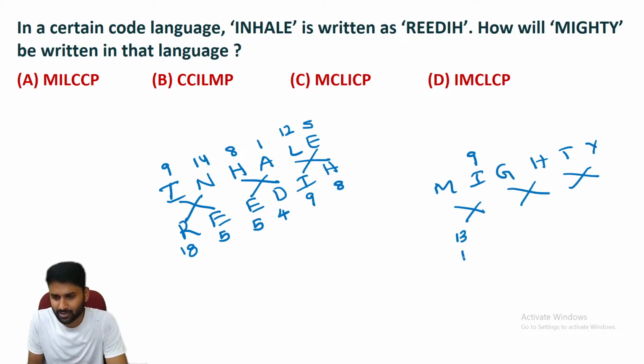The 13th letter is M. 13 minus 4, ninth letter. The ninth letter is I. We need MI. So MI, we have an option available. Now see, it goes in this way, guys. It goes minus 4, plus 4, minus 4, plus 4, minus 4, plus 4. If you go through the same relation, you will get MILC.